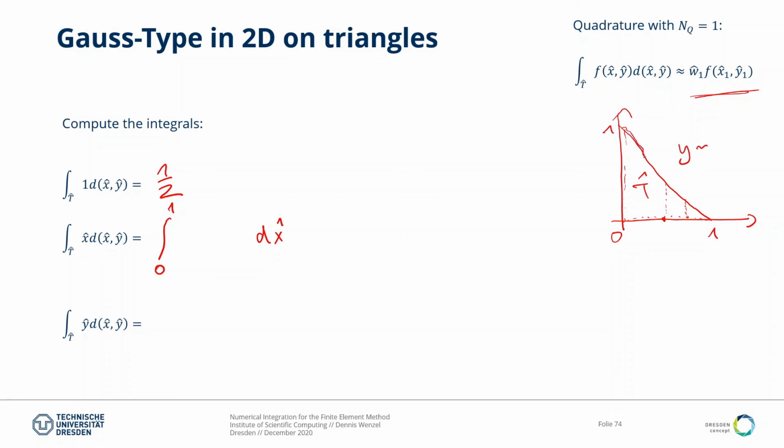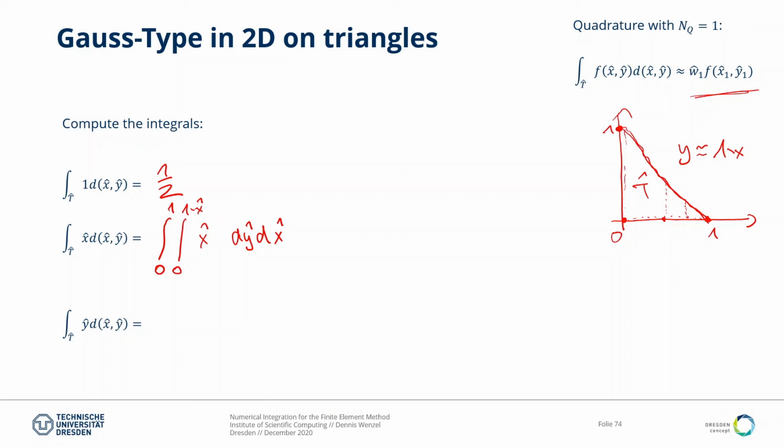On this diagonal line, y is always 1 minus x. If I'm down here, my x is 0, then my y can be 1. If I'm up here, my x is 1, my y should be 0, and so on. So my second integral is from 0 to 1 minus x hat, an integral dy hat, and with respect to this I'm integrating the function x hat.